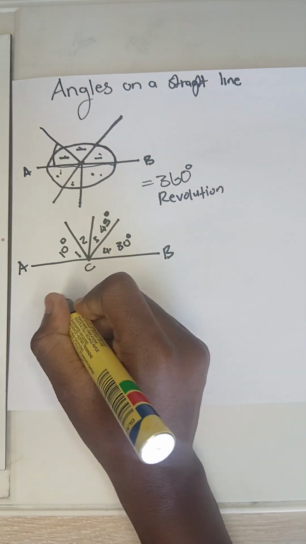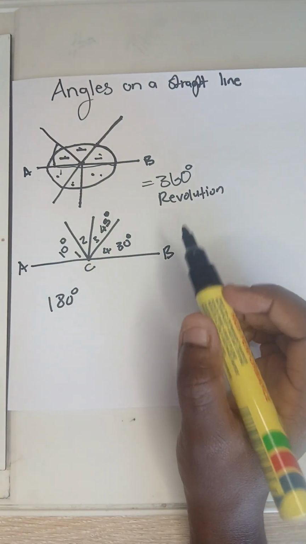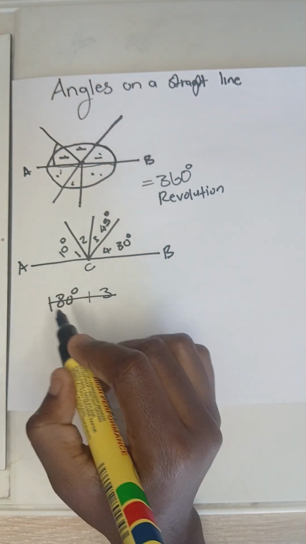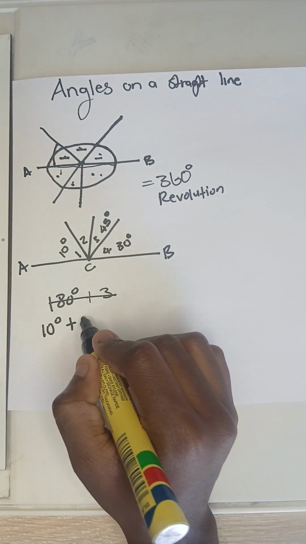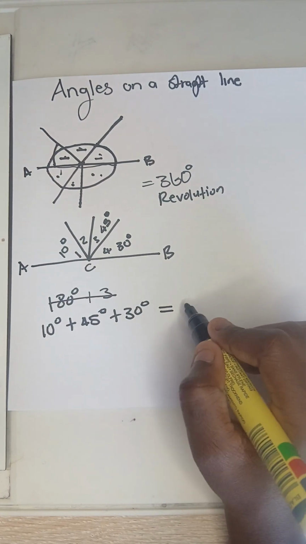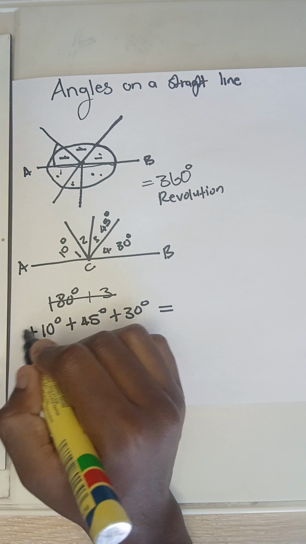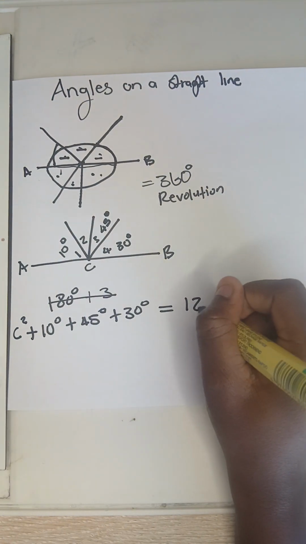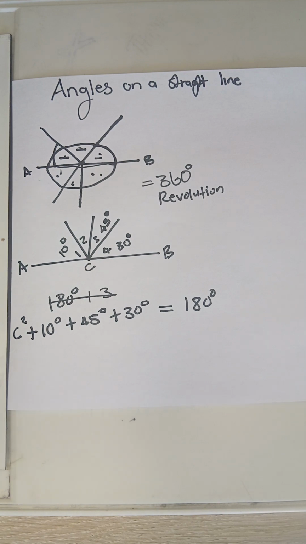What you're going to do, you're going to say 10 plus 45 plus 30 is equal to... what am I doing now? C2 plus 10 degrees plus 45 degrees plus 30 degrees is all equal to 180. When I add up all these angles, C2 plus 10 plus 45 plus 30 equals 180.